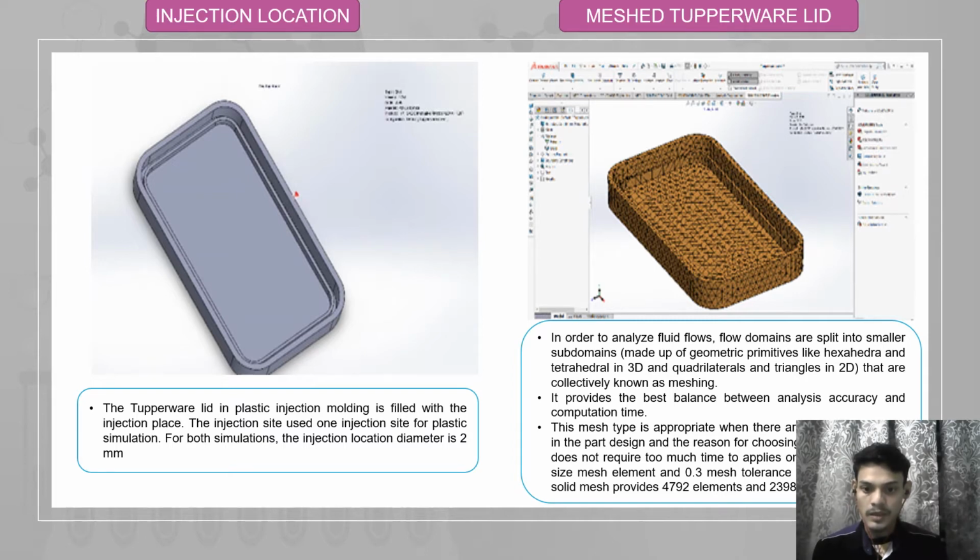This mesh type is approached when there are many intricacies in the part design, and the reason for choosing this mesh type is it does not require too much time to apply on the surface, with 3 mm mesh element size and 0.3 mesh tolerance for simulation. The solid mesh provides 4,792 elements and 2,398 nodes.